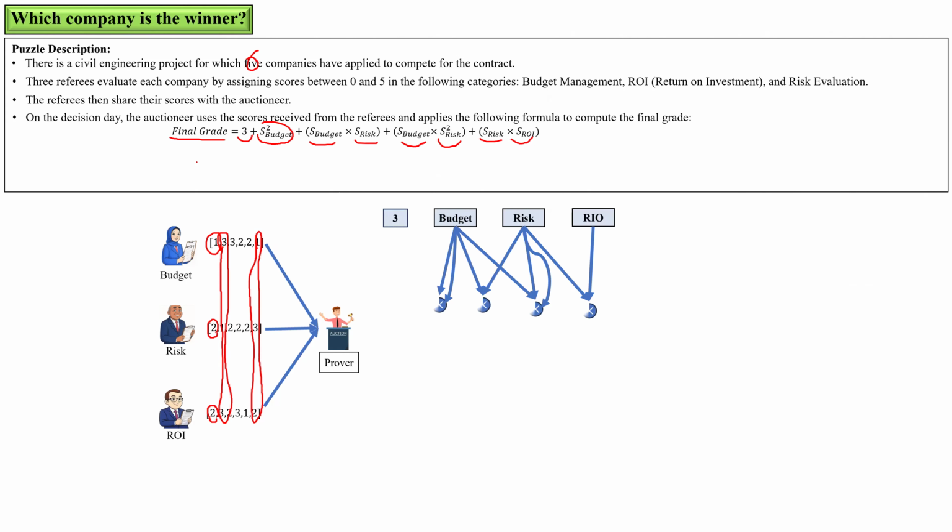So we can consider this as a circuit that computes the final grade of the companies.